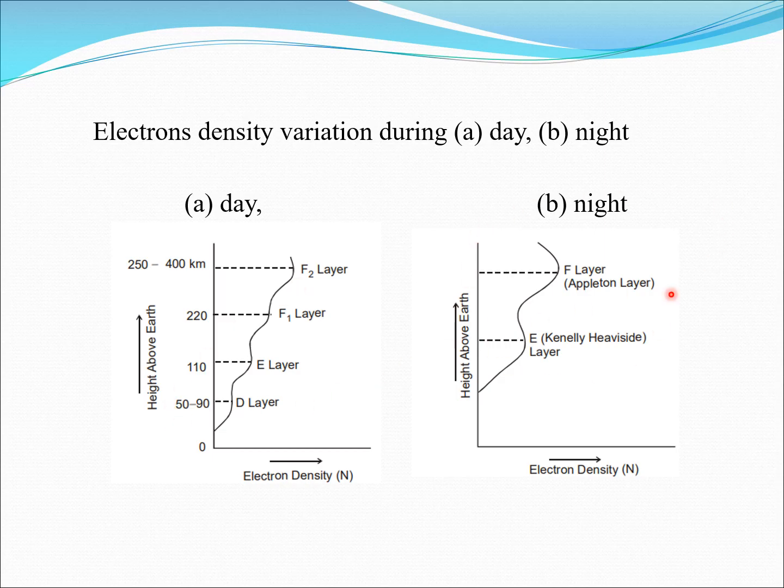But what happens at the night? Look at this diagram. You can see only one E layer and one F layer. Both F1 and F2 layer combine together to form F layer, which is called as Appleton layer. E layer is also called Kennelly-Heaviside layer, and D layer altogether vanishes at night.